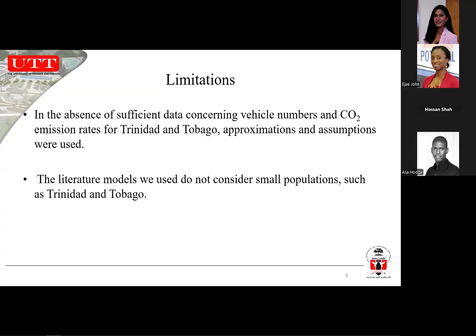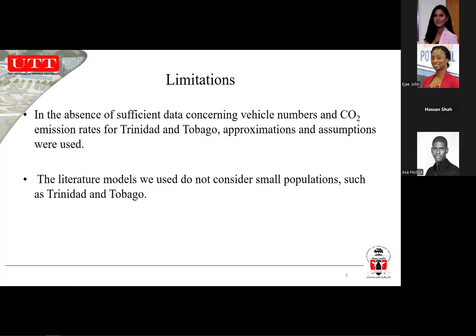Before we go into our results, we must first understand that because of the insufficient data available to Trinidad and Tobago, we needed to use certain approximations and assumptions in order to obtain reasonable results.